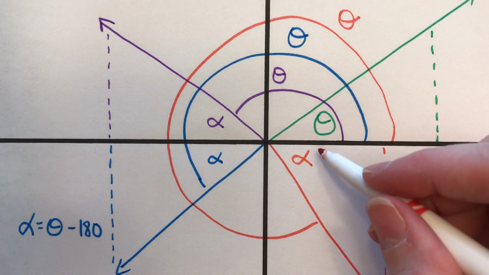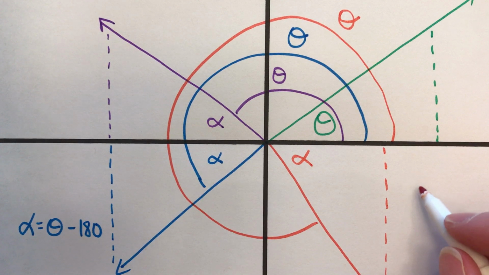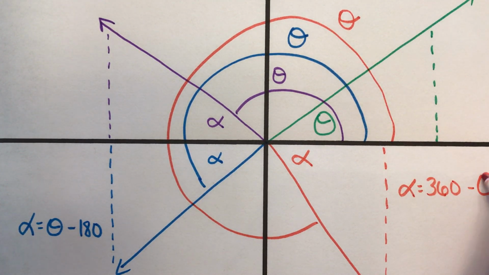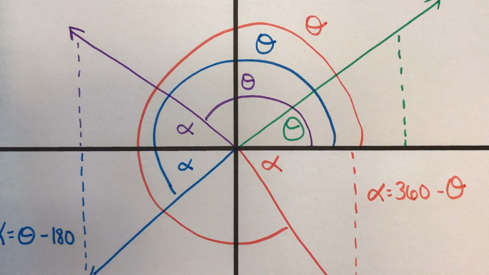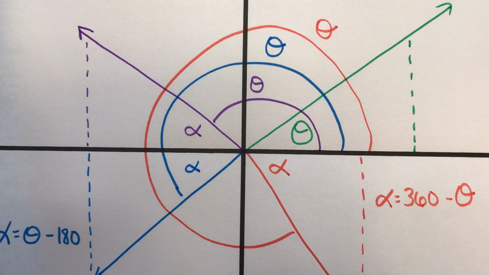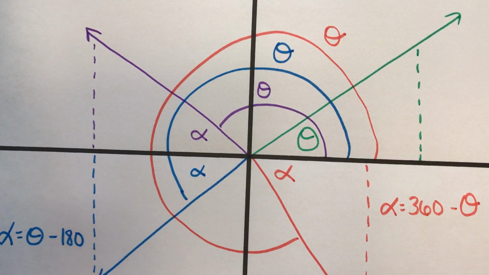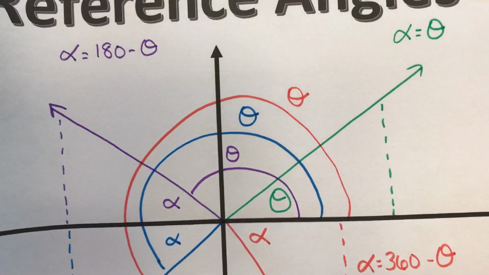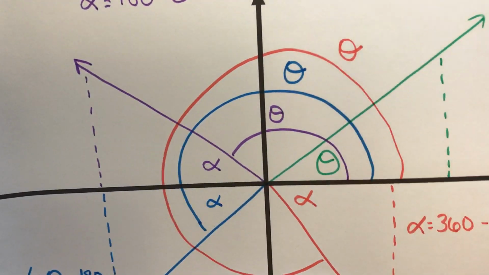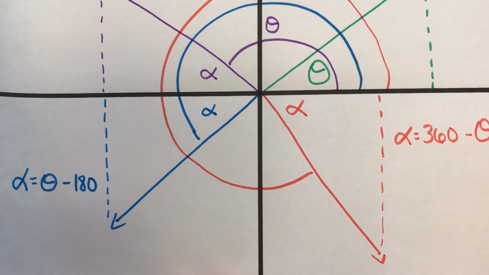So to get this little distance back to the x-axis, we would take 360 minus theta. Okay, so I'm going to do the top part here so you can see the whole top. And we'll scroll down to the bottom part here so you can see the bottom.